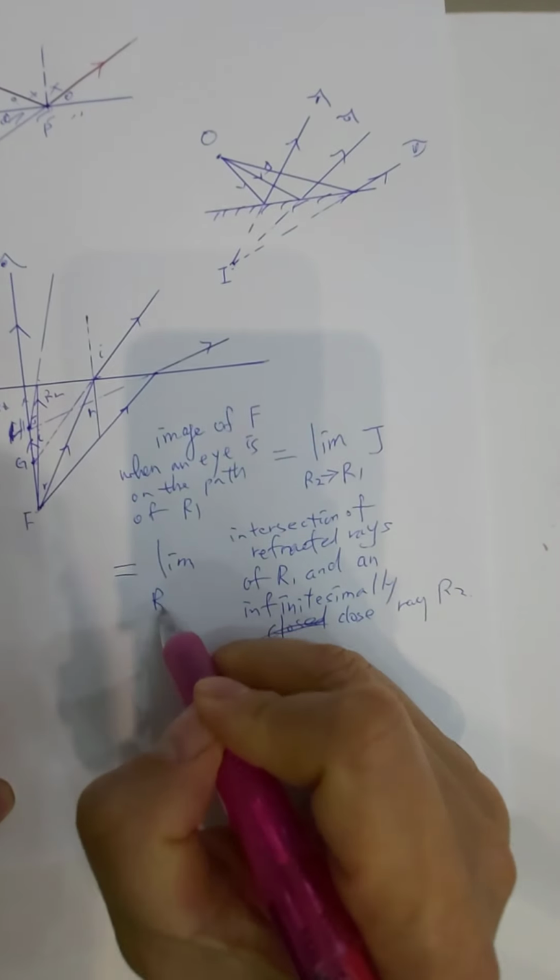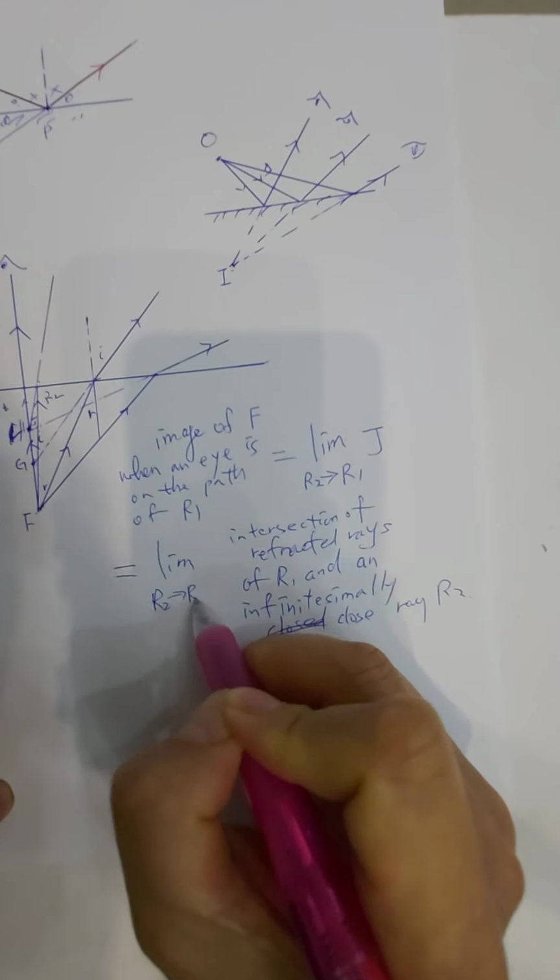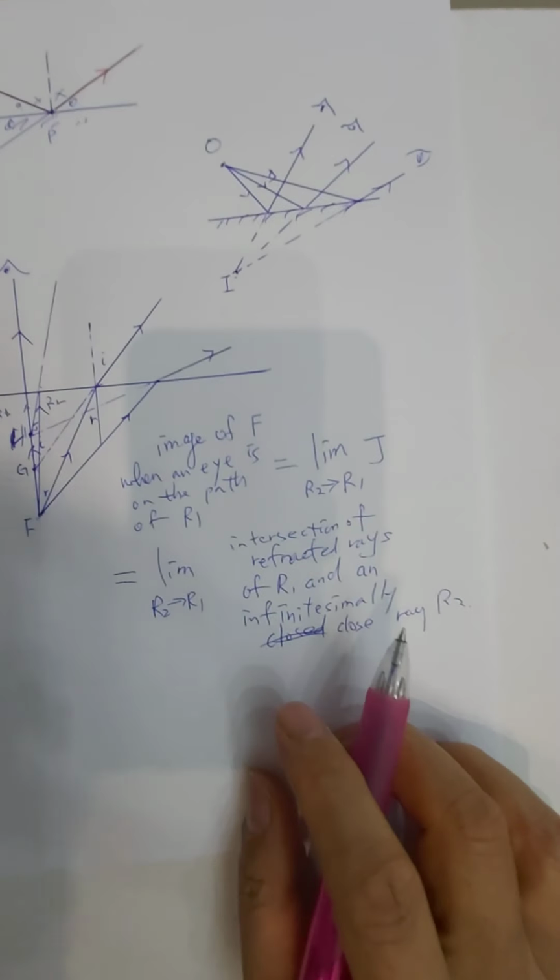In mathematical symbol, it's R2 tends to R1. Right? Now we got the definition, and that can be done mathematically.